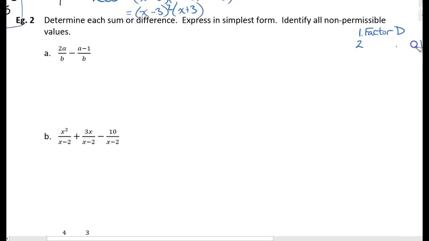But before that, we can state our NPVs. Step 3 is LCD and convert. And step 4 is simplify.